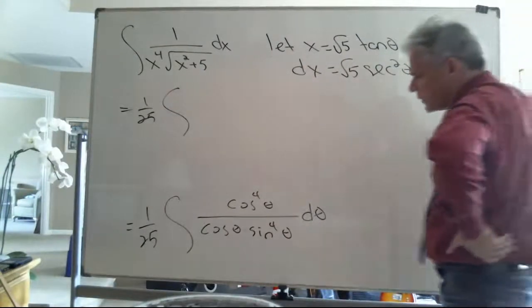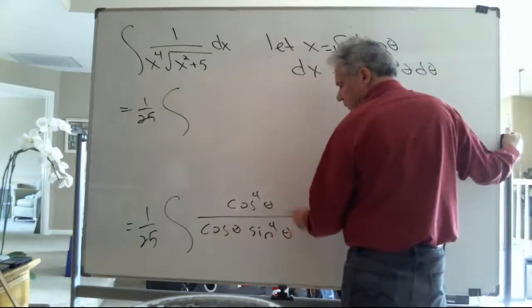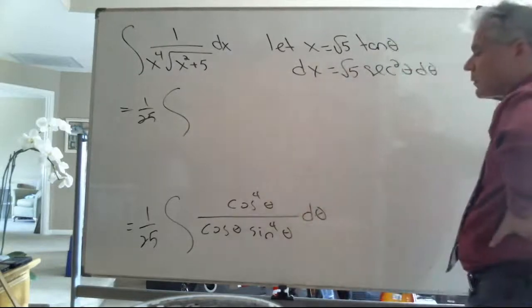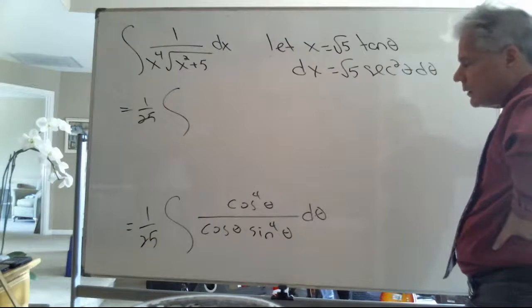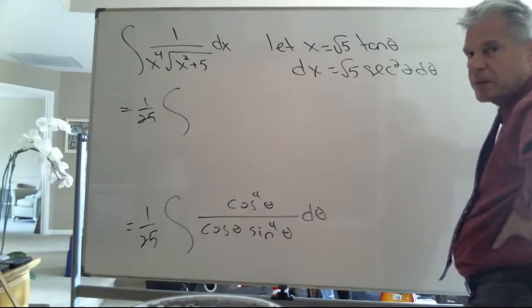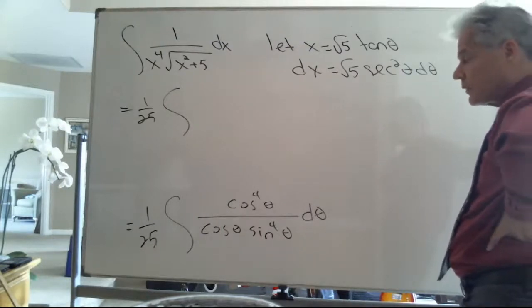So notice how I can commit to allowing u to be equal to sine or cosine theta. And I think once I clean up a little bit with a tad bit of cancellation, you'll see what to do next.